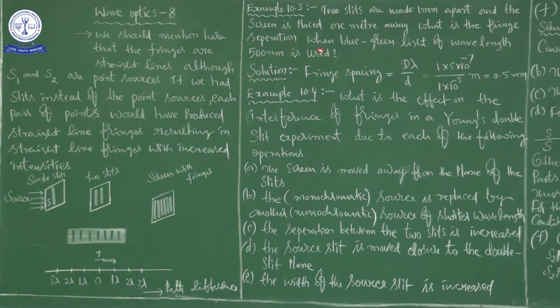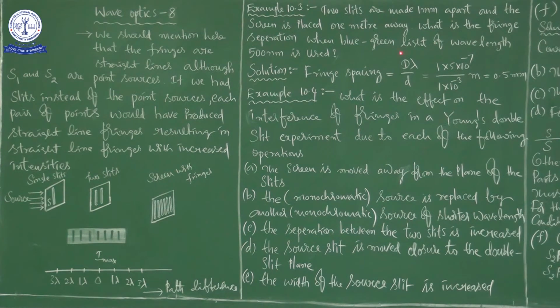What is the fringe separation when blue green light of wavelength 500 nanometers is used? So at the end of this problem, what is he asking to find? He is asking to find the fringe separation, or fringe spacing, that is equal to capital D lambda by small d.